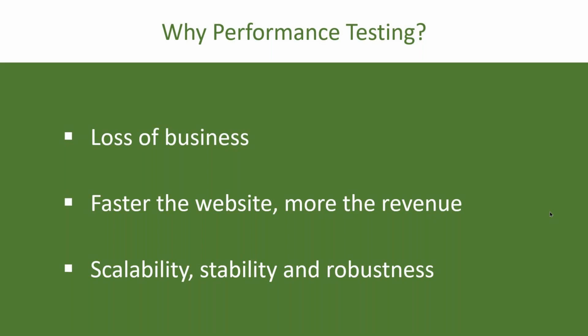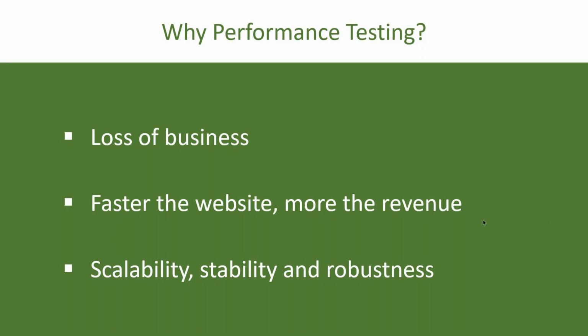Stability: how long the system can work stably. And also robustness, which involves a lot of other aspects checked, like integrity, security, and various other things. But within this, we can conclude that performance is a core part which determines how the business will do in the near future.